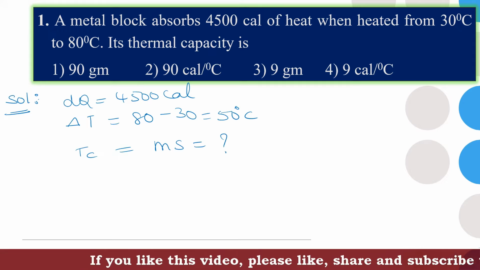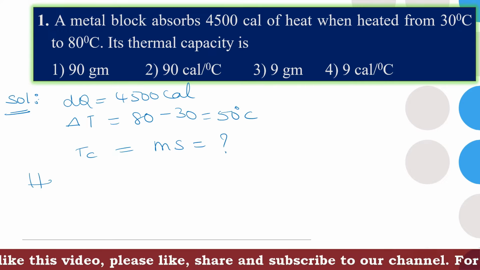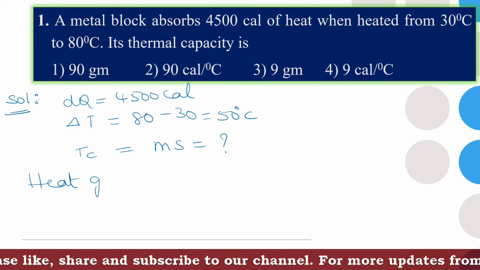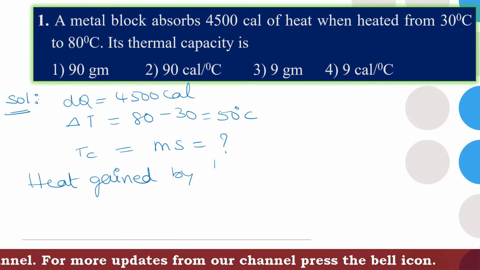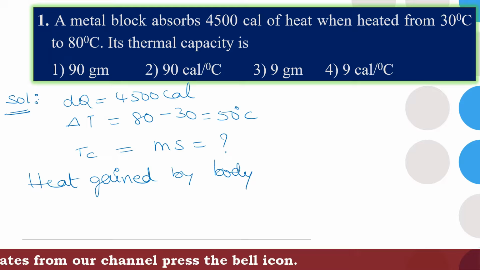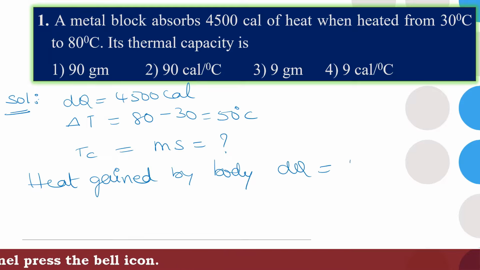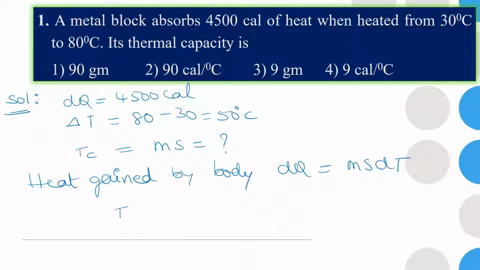So heat gained by the body, that is dQ, is equal to ms dT. So thermal capacity is m into s, that is equal to dQ by dT.